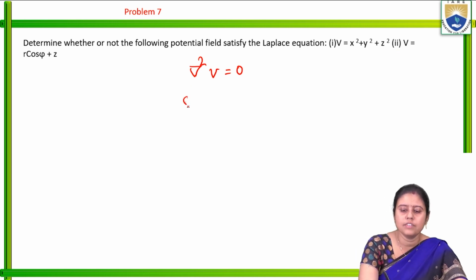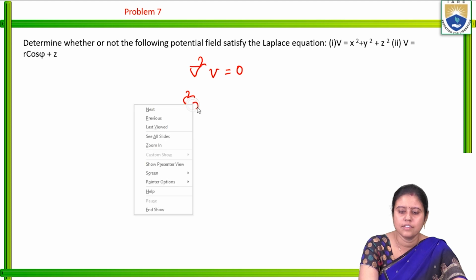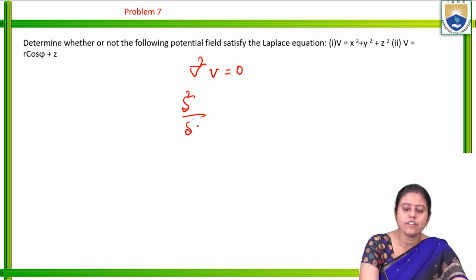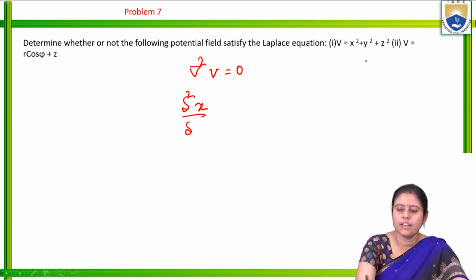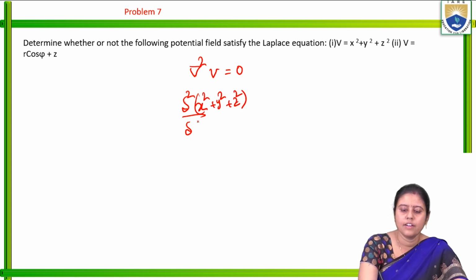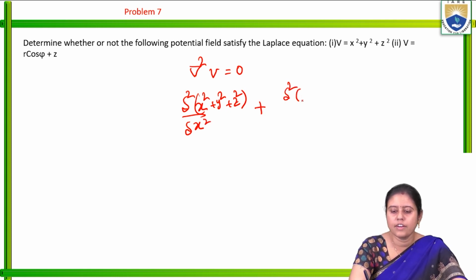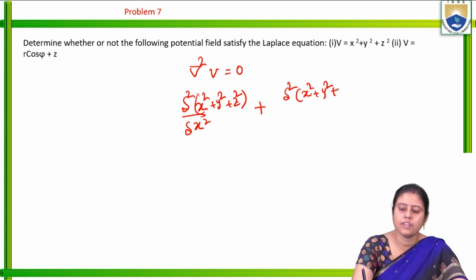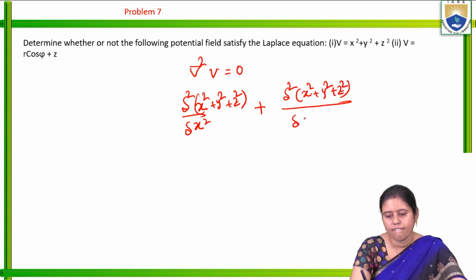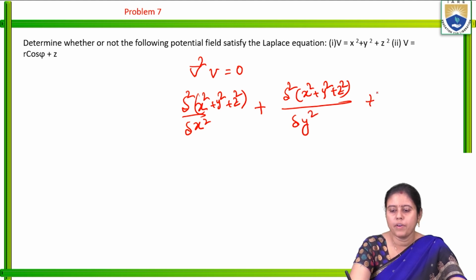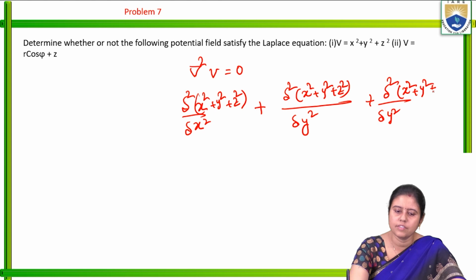So, grad square V is del square by del x square of x square plus y square plus z square, plus del square by del y square of x square plus y square plus z square, plus del square by del z square of x square plus y square plus z square.